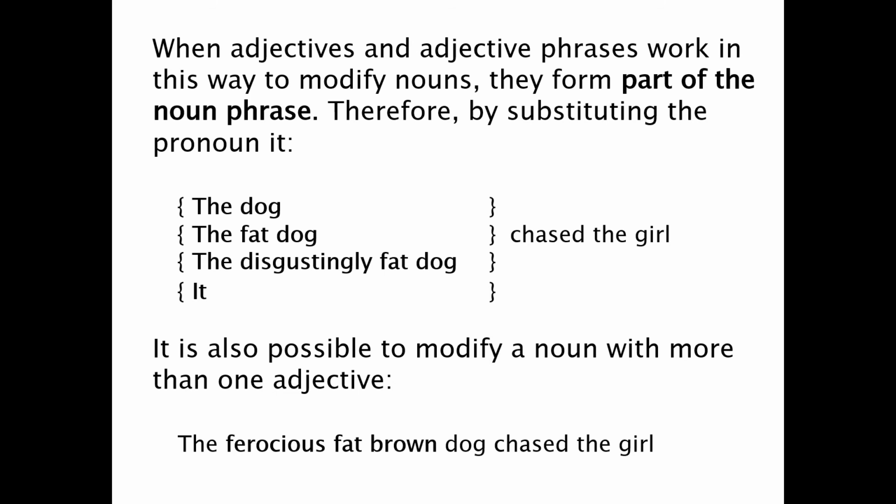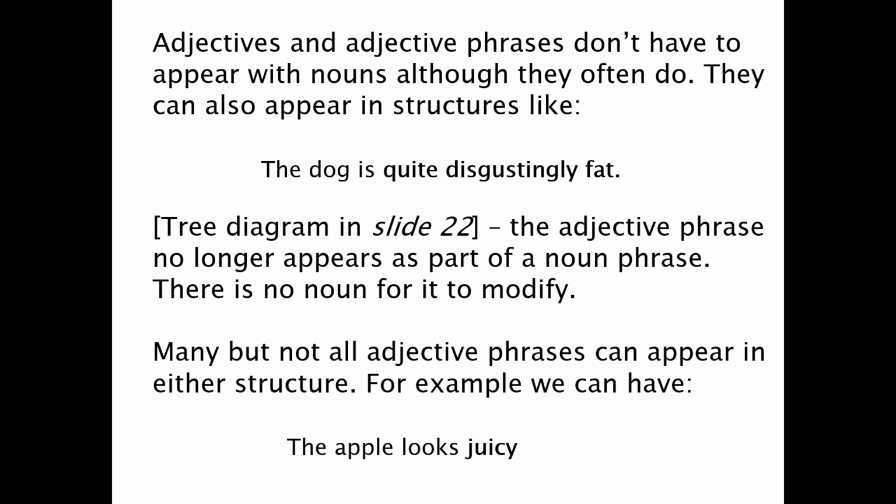I saw a black, angry, American man, and so on. So we can use more than one adjective, and the organization, the arrangement or the order of the adjectives is not fixed in English. It's a matter of opinion.